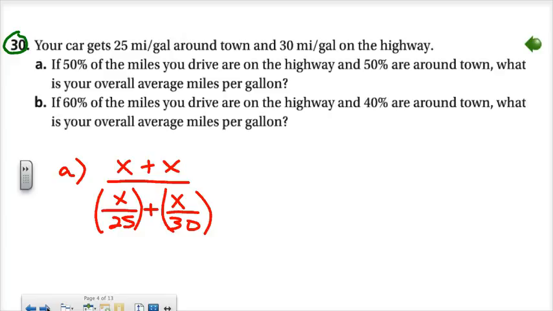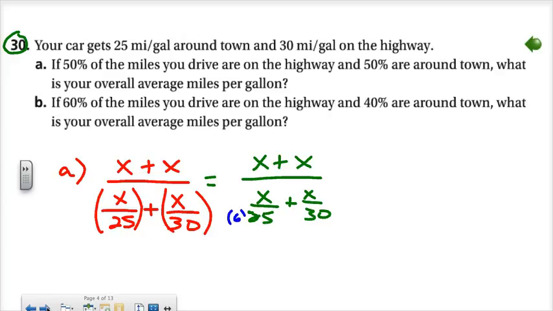So the next piece is we have to figure out a common denominator so that we can put those two fractions, x over 25 plus x over 30, together. So what we need to do is think least common multiple for 25 and 30, and whether you do this in your head or with your calculator, you're going to realize that's 150.